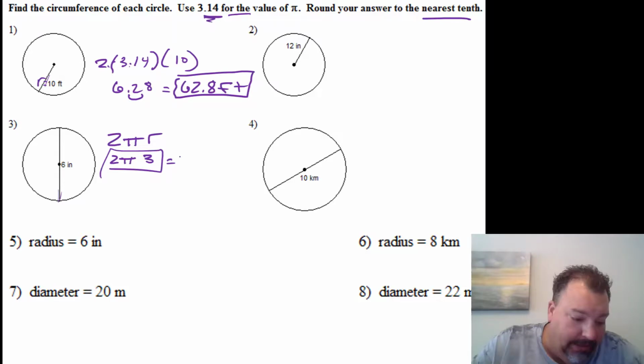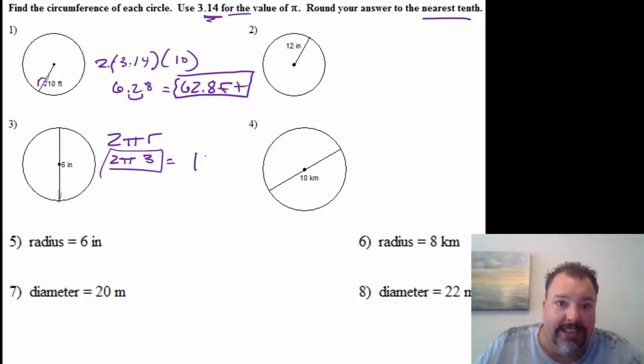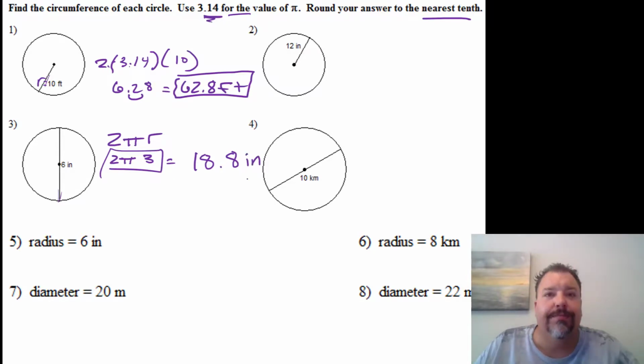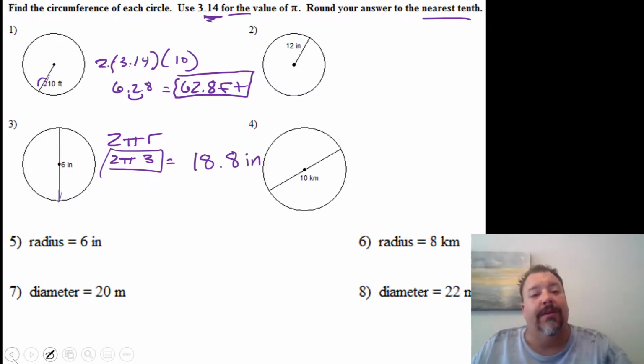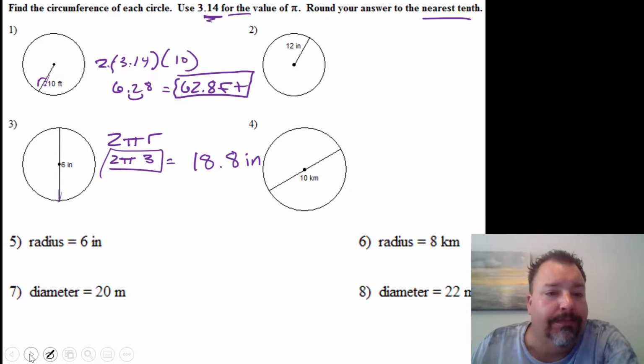Put it into a calculator. I'm using Desmos. 6 pi comes out to 18.8 if I round it to the nearest tenth, and this would be in inches. So that's how we find the circumference for a circle.